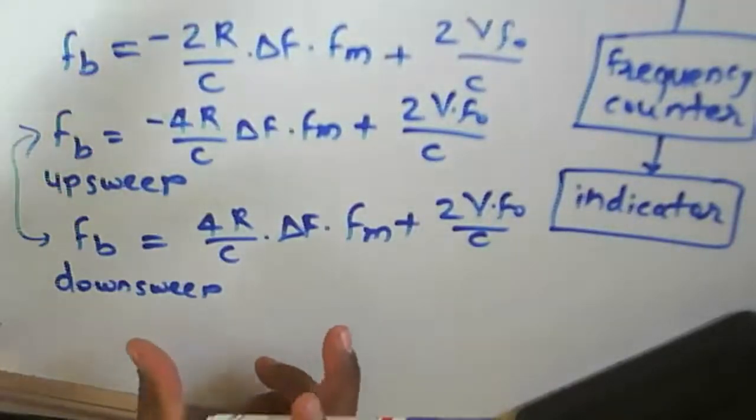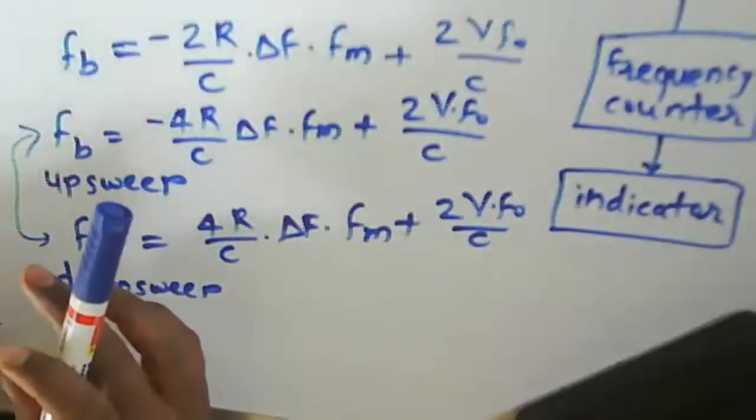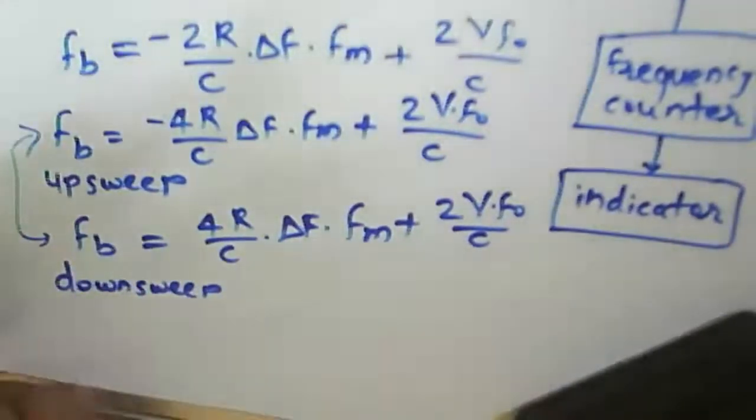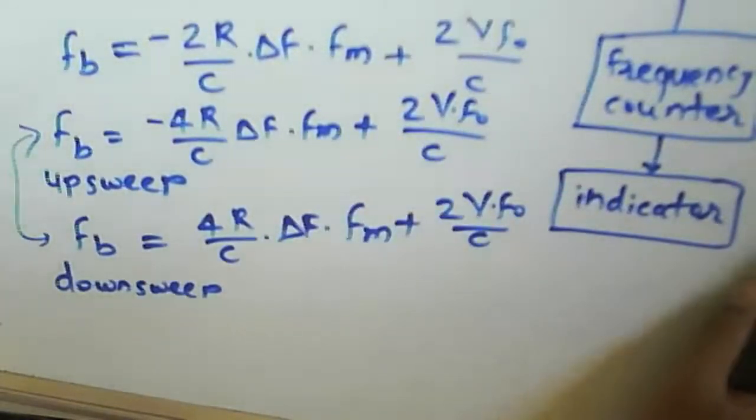And if you consider that equation of FB with respect to the range frequency and a Doppler frequency shift, instead of this one we can write in terms of Doppler frequency shift here.